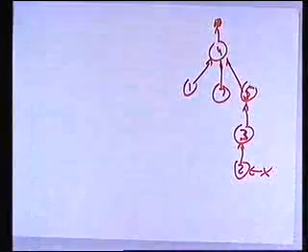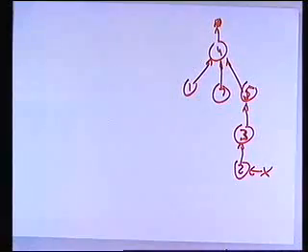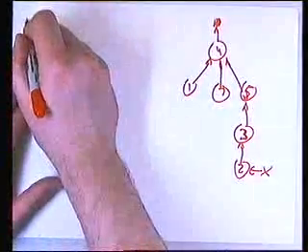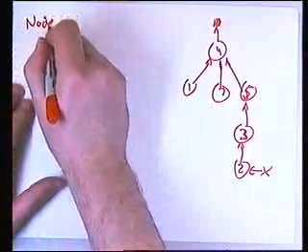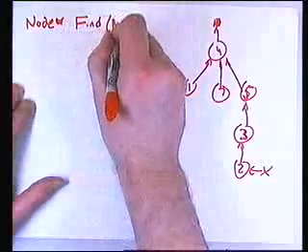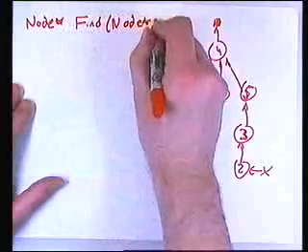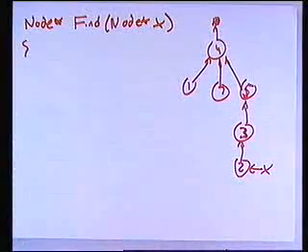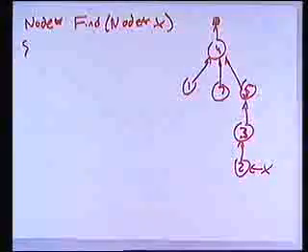Let's say node 2 is what we're trying to find. Here we have find, and a node pointer x. We'll return a node pointer as well. I could have returned the key, so eventually what we want to do is reach the node 4.